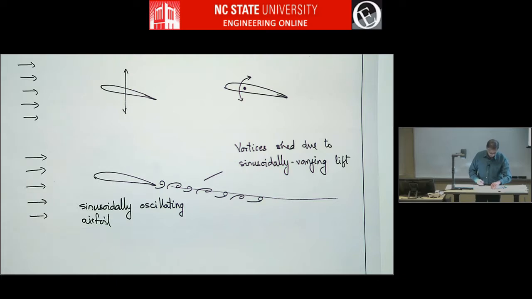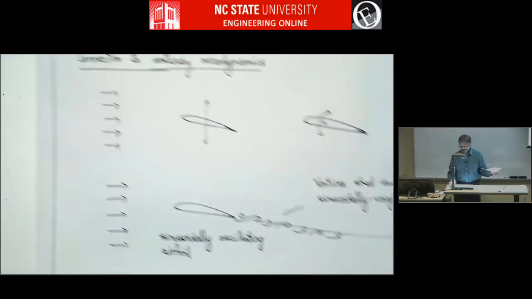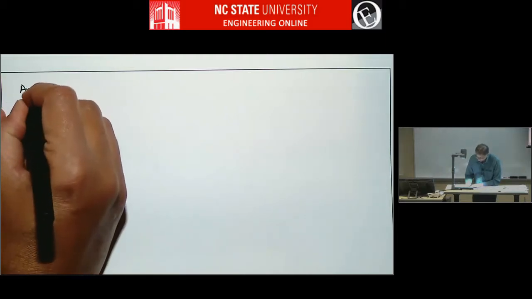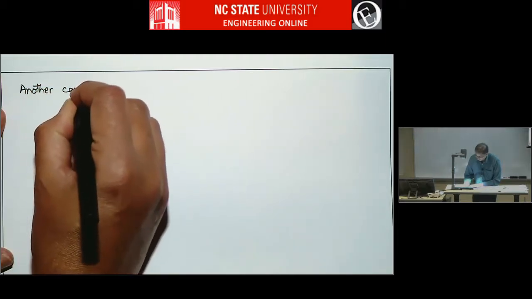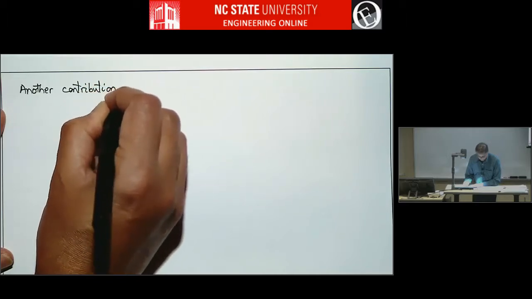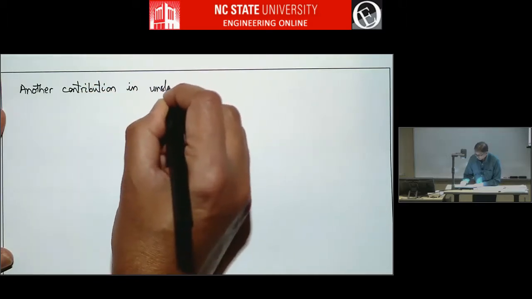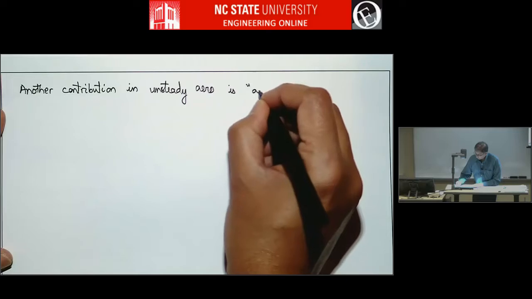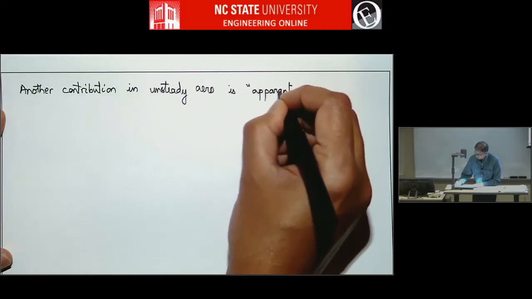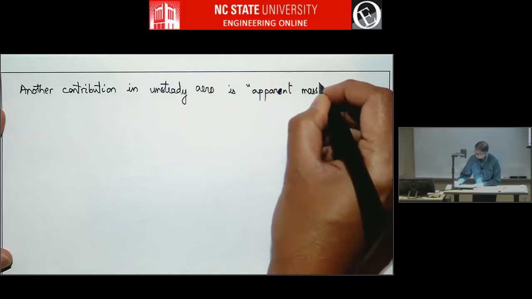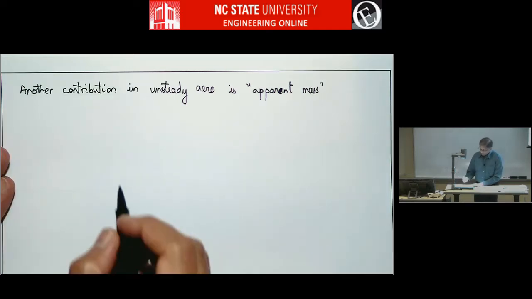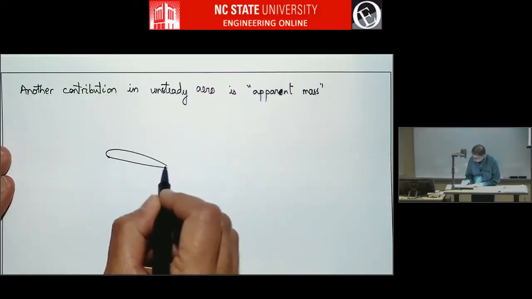So another factor that comes into unsteady aerodynamics is something called apparent mass. The way this works is, let's take an airfoil that's plunging up and down.